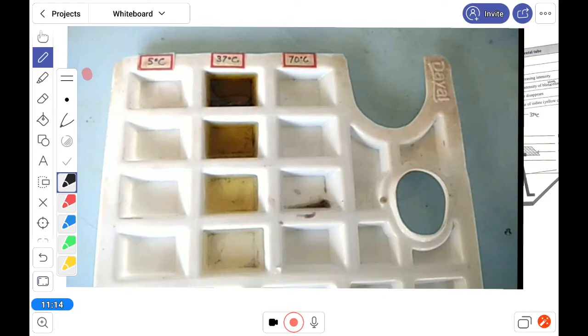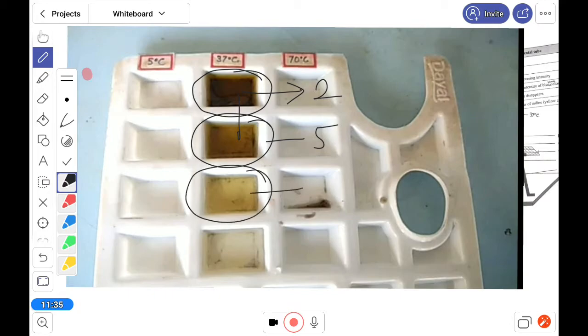Here this is the first one, after 2 minutes. Then after 5 minutes when it is given, you can see the color difference here. Gradually it converts into maltose and glucose.